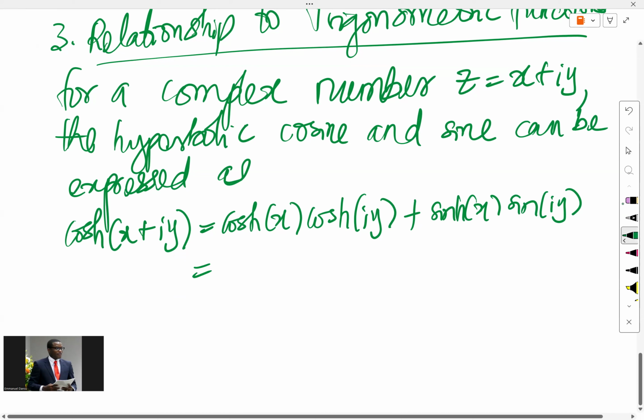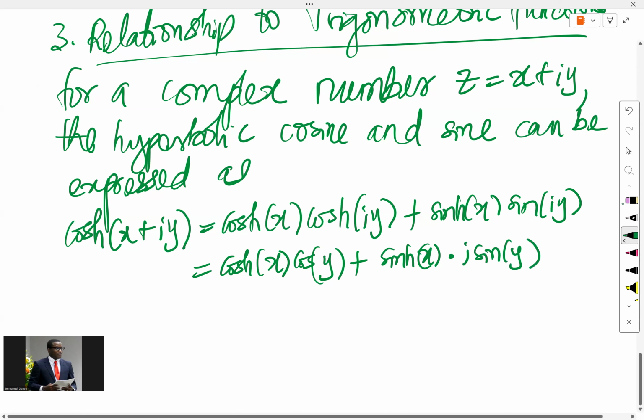But we already know that cos x is cos x, and cos iy is simply cos y without the i, right? So cos iy is cos y. Then sin x remains sin x, but sin iy is actually i sin y from what we saw previously.